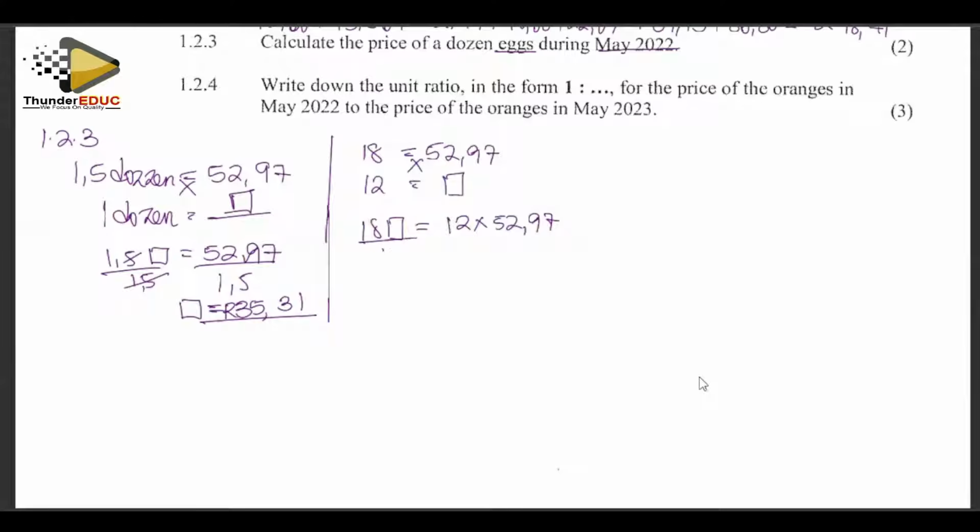Because we want this side of the box, we divide through by 18. And the answer there became 12 times 52.97, which is 635.64 divided by 18.